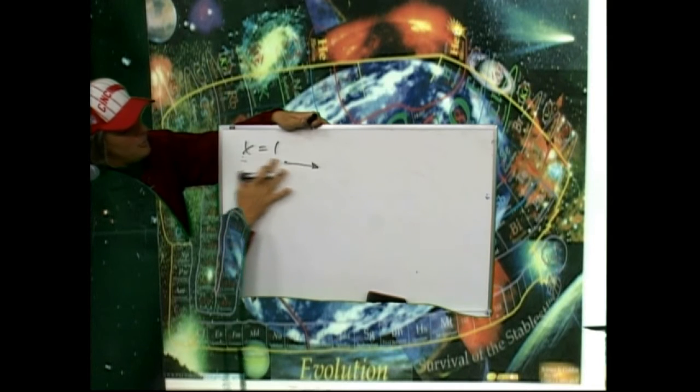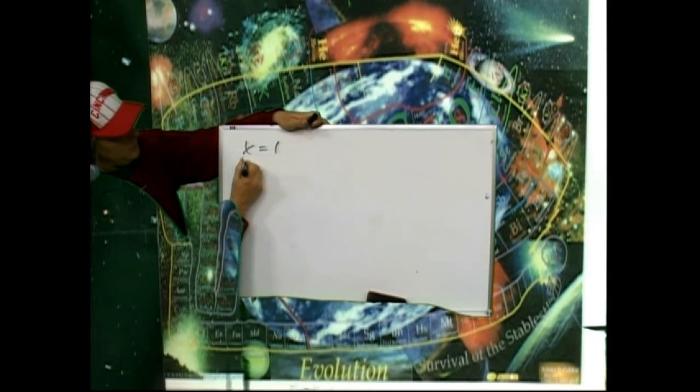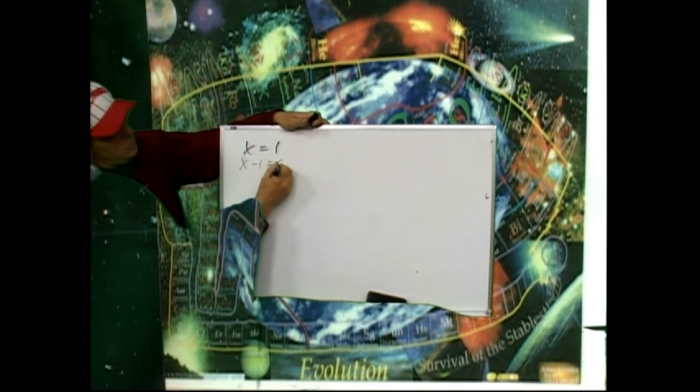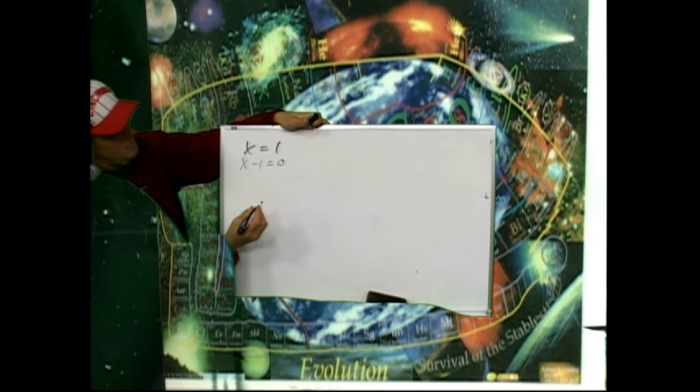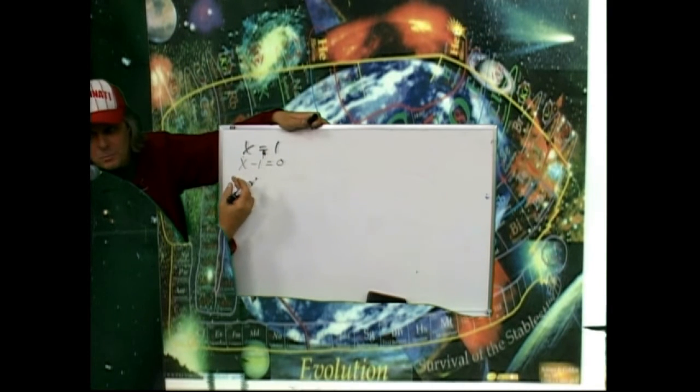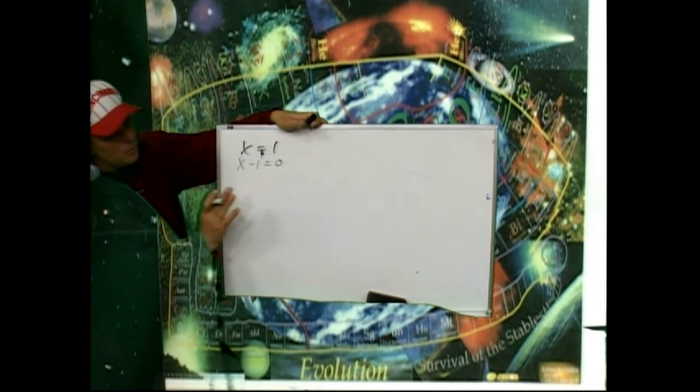What we want to do is graph an equation, because this is the same thing as x minus 1 is going to equal 0. Because whatever the equal sign is, you do the same thing to both sides. People forget that. That's where this all comes from.